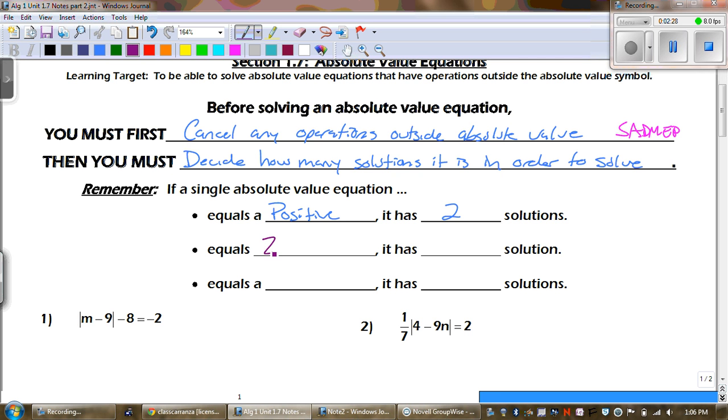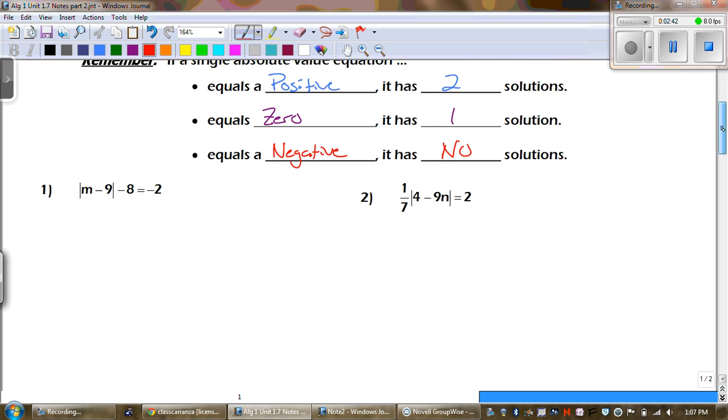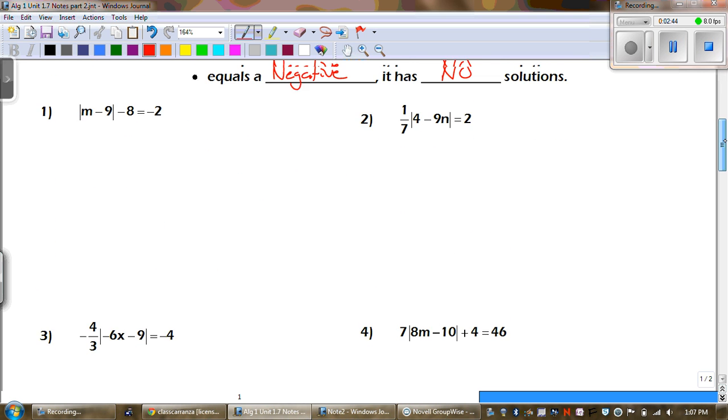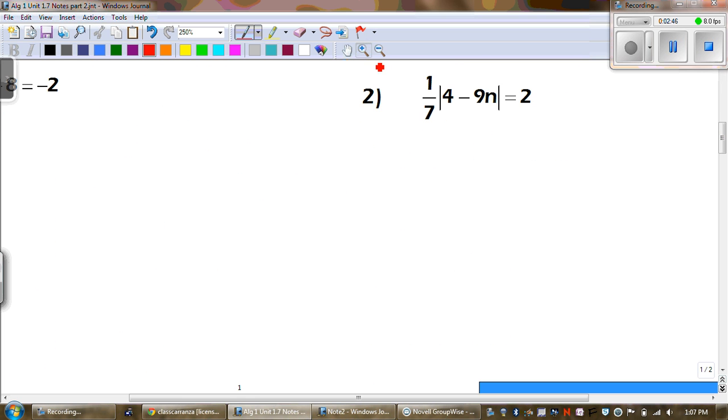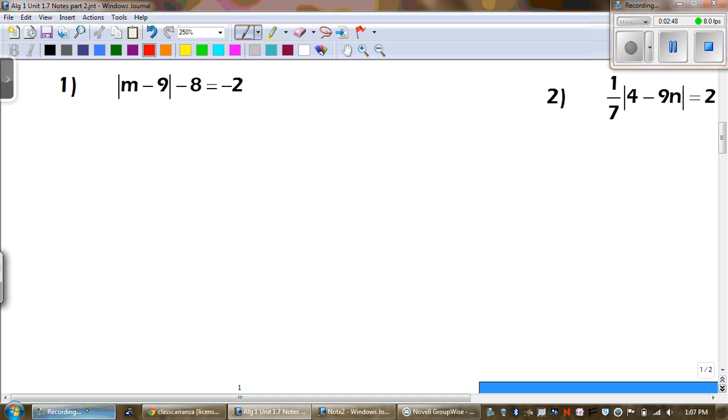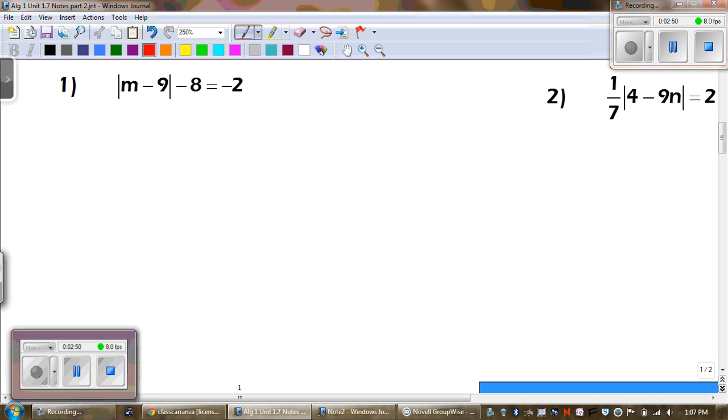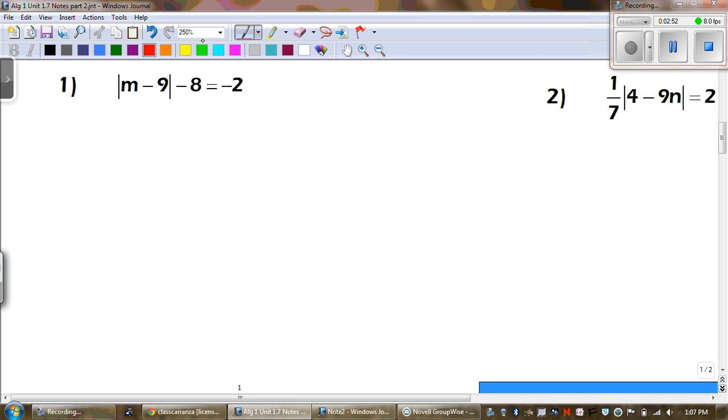If it equals 0, it has one solution. If it equals a negative, it has no solution. So as you can tell just by looking, these are going to be a lot more difficult and a lot more involved. All right, let's go ahead and take a look at number 1.